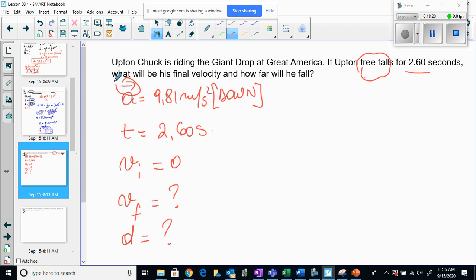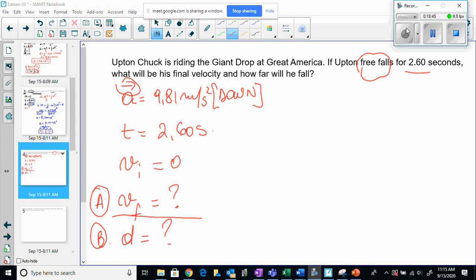So what is the formula that we will use initially? Let's call this A and this B. In order to find the final velocity, what formula will we use? Answers in the chat.